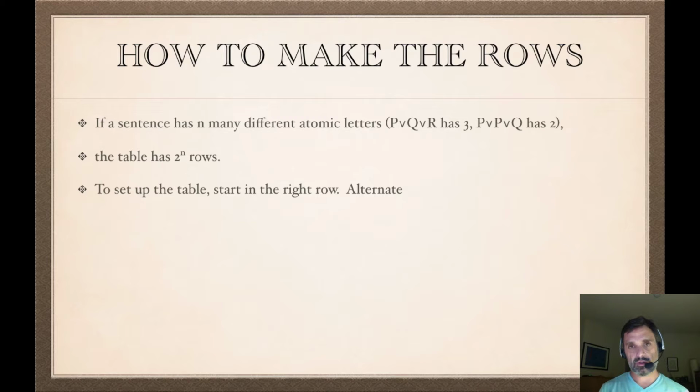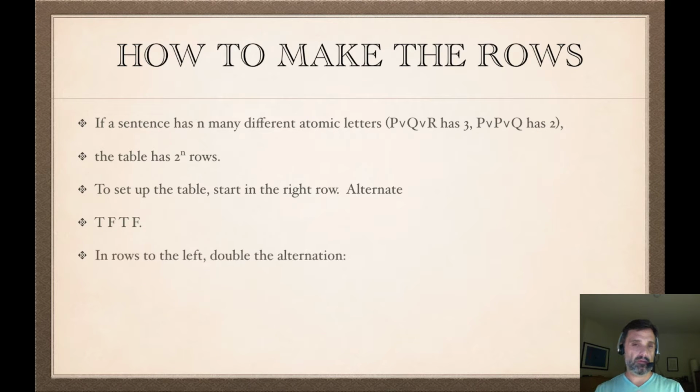We have to set up the table to list all of the possible combinations. You're going to have columns for each of the sentence letters, and then a column for the whole sentence. You start in the rightmost of the sentence letter columns, and you alternate true, false, true, false every other row.